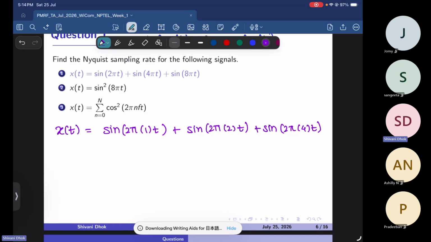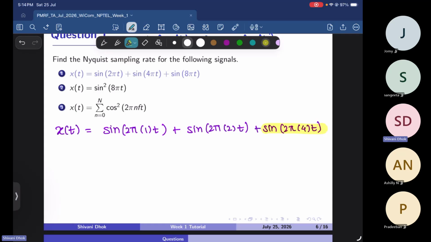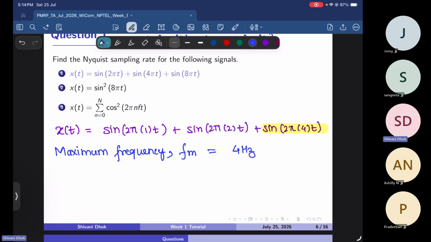So the maximum frequency in this setup depends on this particular term, which is 4. So the maximum frequency FM is 4 hertz.